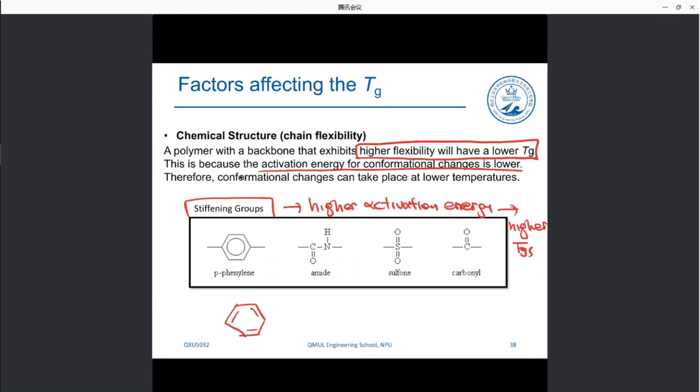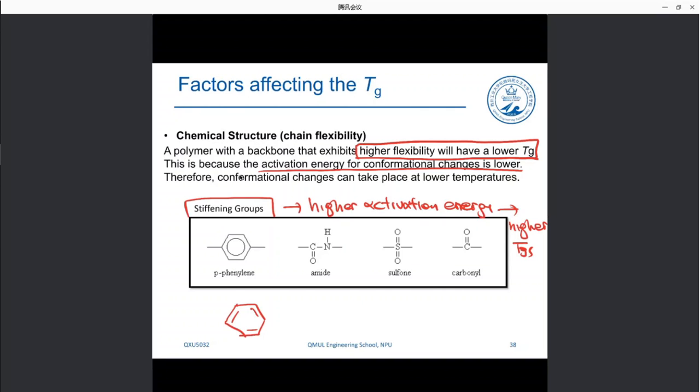Okay, so we have alternating double carbon bonds in a phenyl ring, and because of that, it needs a lot of energy to break these double carbon bonds down.